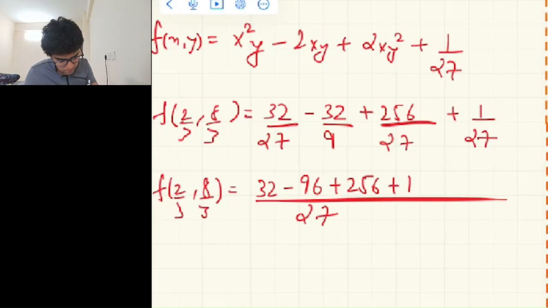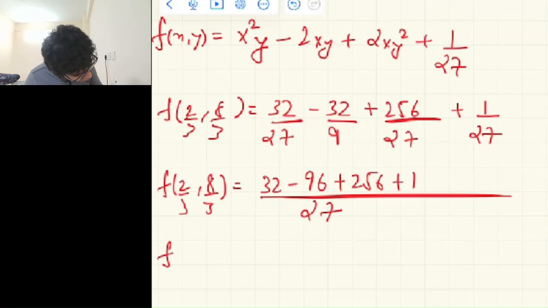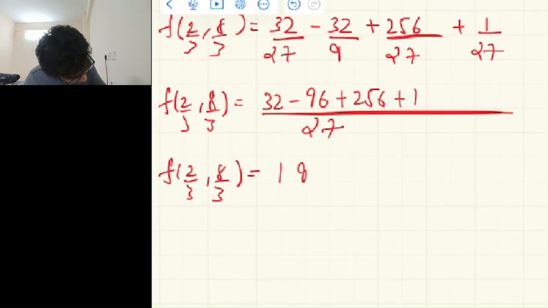So 32 minus 96 plus 256 plus 1 is 193. 193 by 27. So f of (2/3, 8/3) is 193/27.